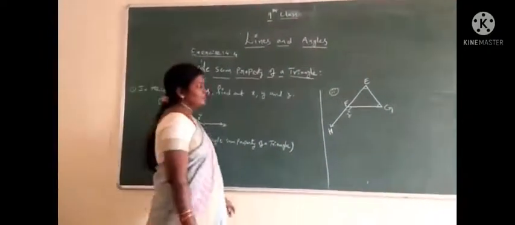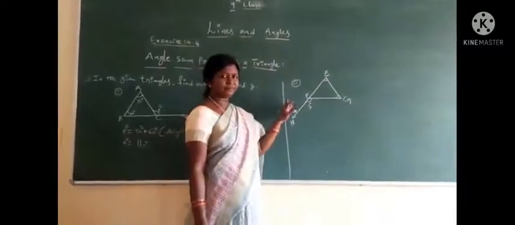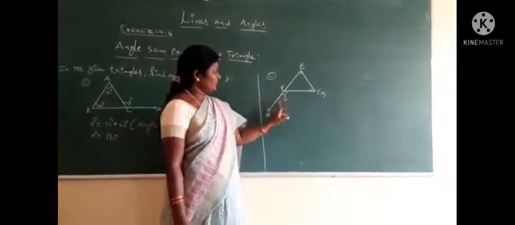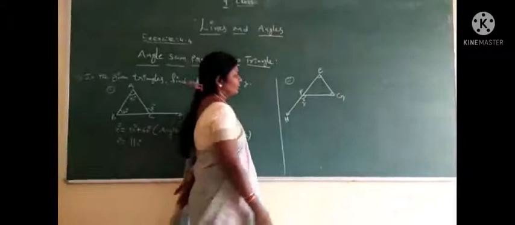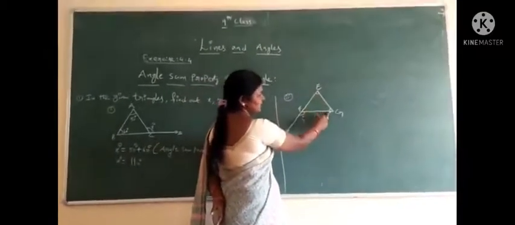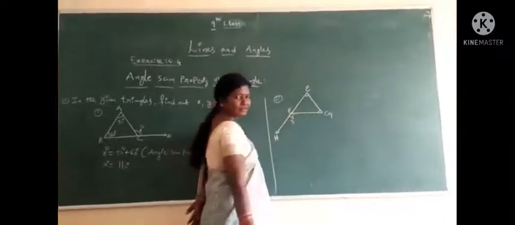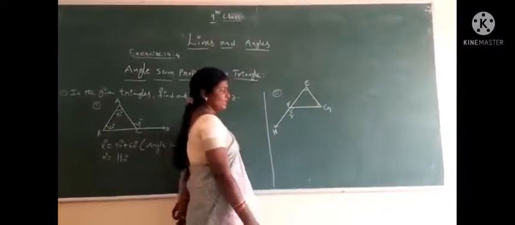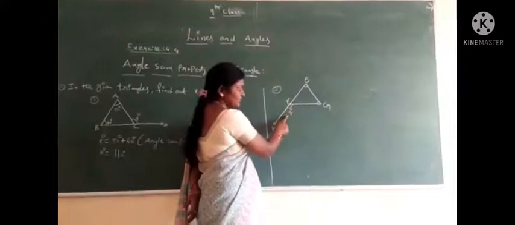So next, second problem. Observe this figure. These two angles, angle E, angle G, are interior angles. This angle is exterior.